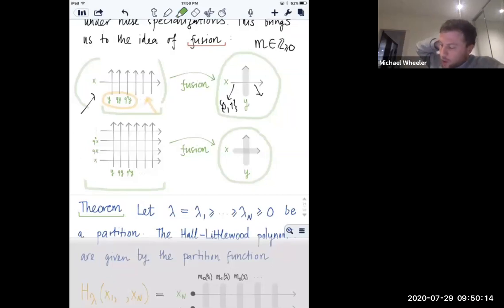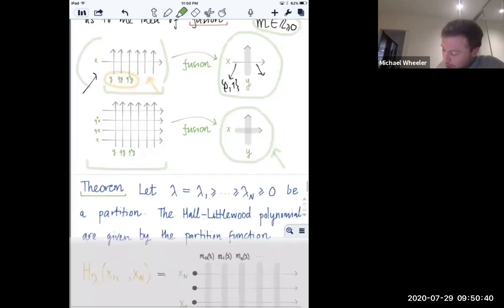So again, we're going to have non-negative integers that live on the 4 edges of a fat vertex. Okay, so I haven't really said anything quantitatively here about how the fusion works, but qualitatively, this is what you get.